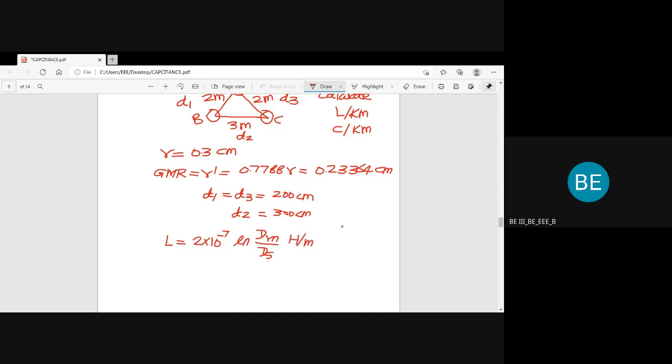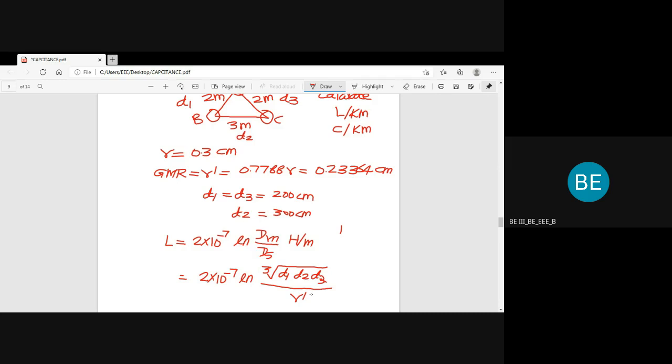Dm will be the cubic root of D1, D2, D3, divided by Ds, whose value will be R dash.